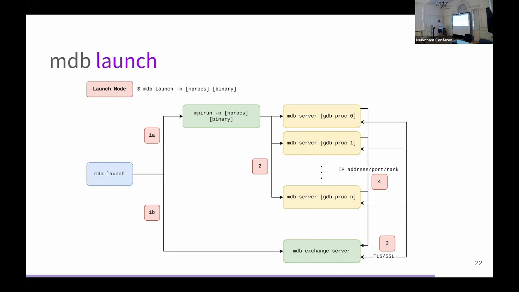Each of these is wrapped by a little kind of Python scripting by me, which then connects to a server running on that machine. And that server is how we're going to interact with it. So we connect to that and send commands, like, oh, the user wants to print variable X. And then each process will get that, print it, and give it back.